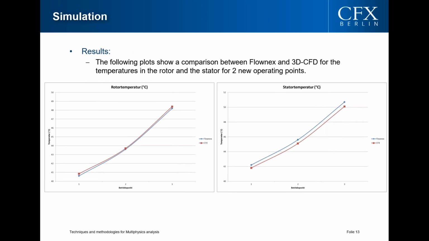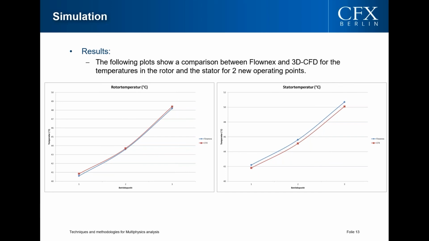Or maybe you want to change the geometry a little bit to see how big the influence is. If you do this simulation with ANSYS CFX, you need several weeks to do all your simulations. If you do this with your validated model in Flownex, you need maybe like 1 hour for, I don't know, 20 operating points or maybe more.